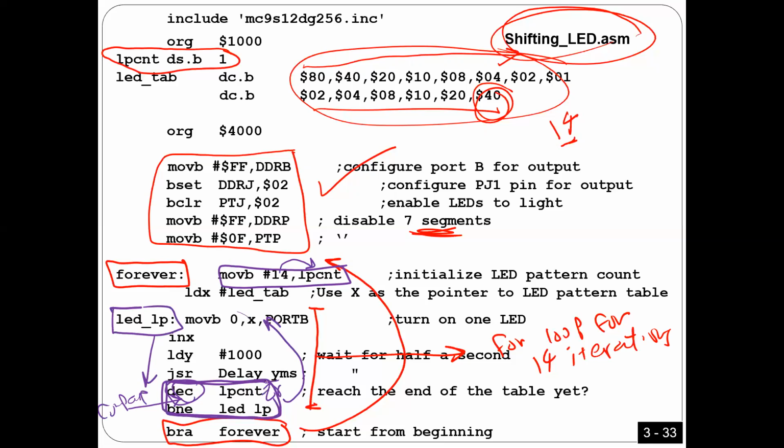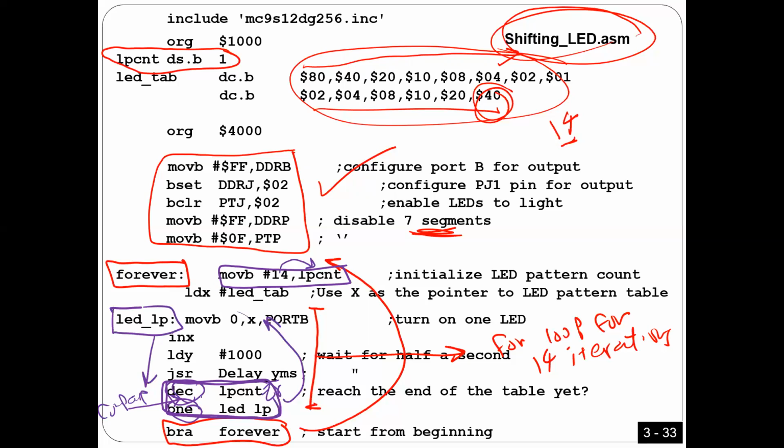So if the result is 0, decrement is going to make the 0 flag 1. Branch if not equal is going to look at the 0 flag. So you don't need to set the flags because decrement is going to set them. Branch if not equal looks at only one flag, the 0 flag, and decrement is going to set it. So I don't need to use compare. If you want to use it, that's okay, but I don't need it. Okay. Any question, guys, here?